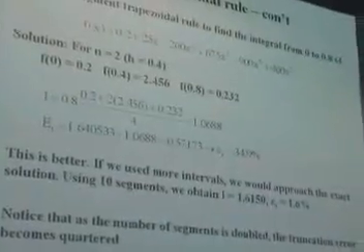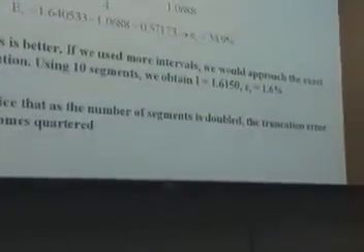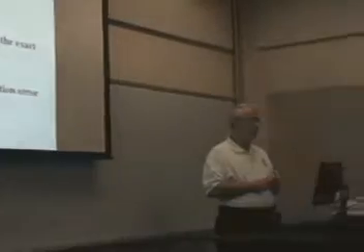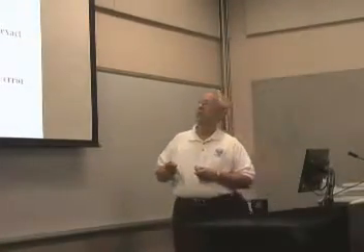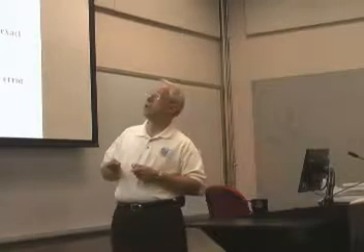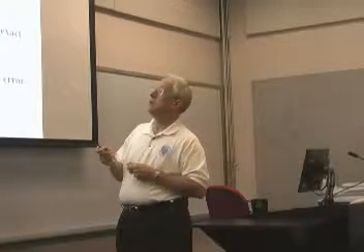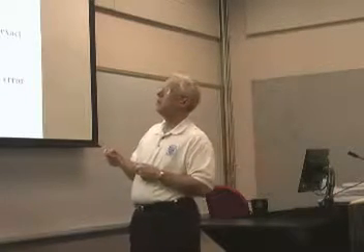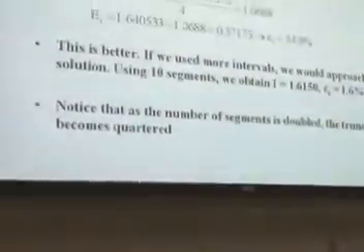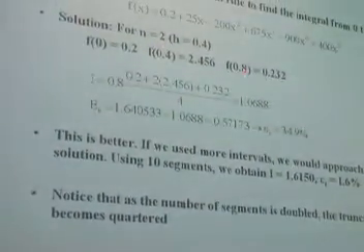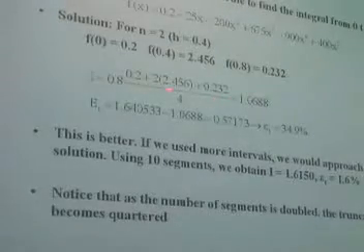Okay, let's use the two-segment trapezoidal rule to find the integral from 0 to 0.8 of the function that we looked at before. So how many intervals are we going to use? 2. And so we're going 0 to 0.4 and 0.4 to 0.8. We evaluate the function at those three endpoints, 1, 2, 3, and plug into the equation.